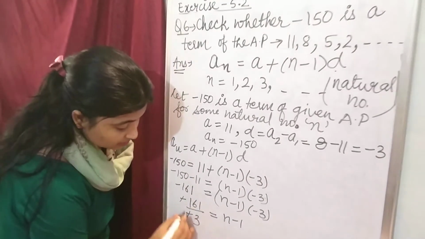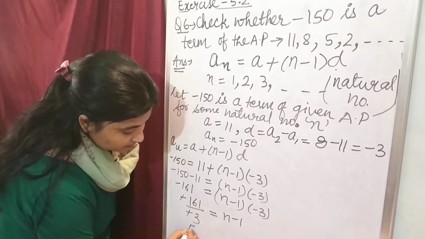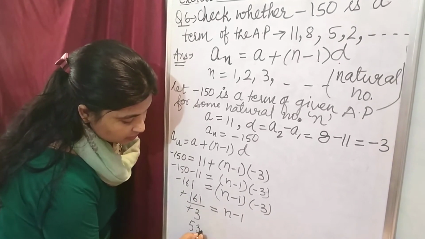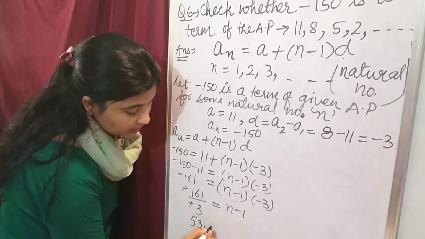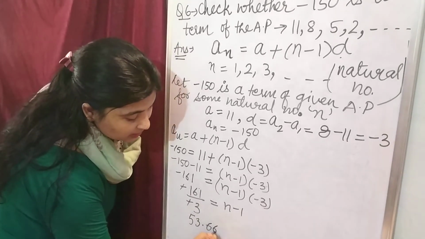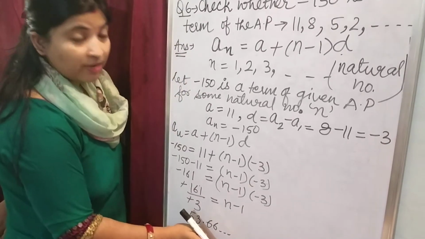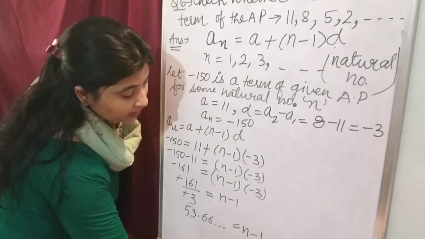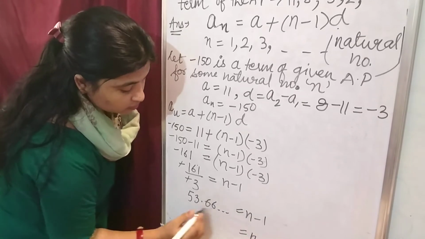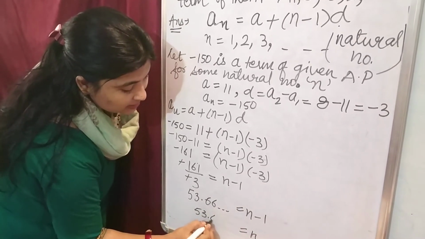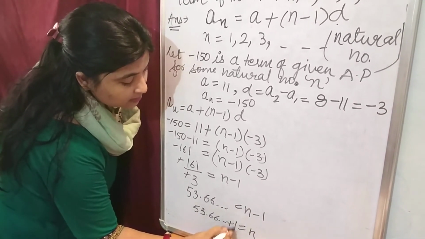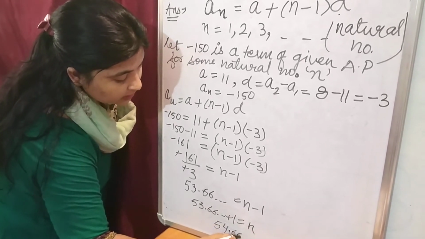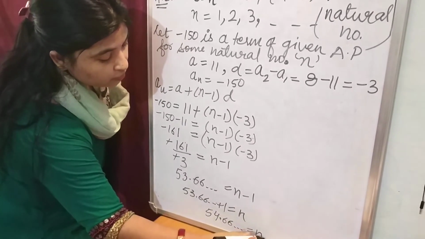If you divide 161 by 3: 3 5s are 15, 1 is left; 3 3s are 9, 3 3s are 9, 2 is left; 3 6s are 18, 3 6s are 18, and so on. So it is coming as a decimal number, and this is your n minus 1. So n will be 53.66... plus 1, which is 54.66... That is the value of n.